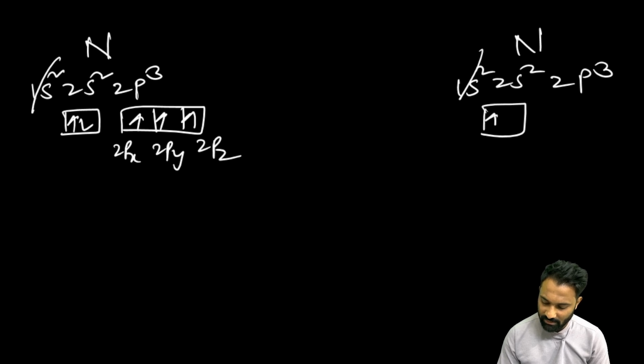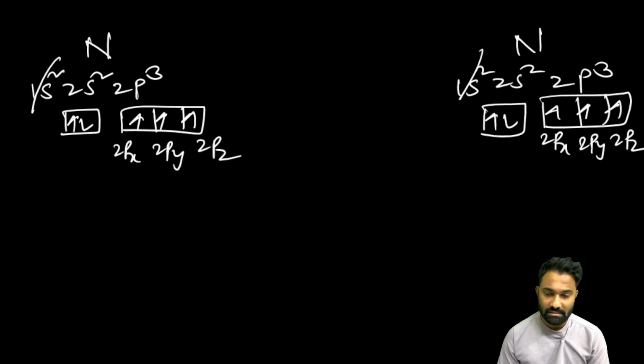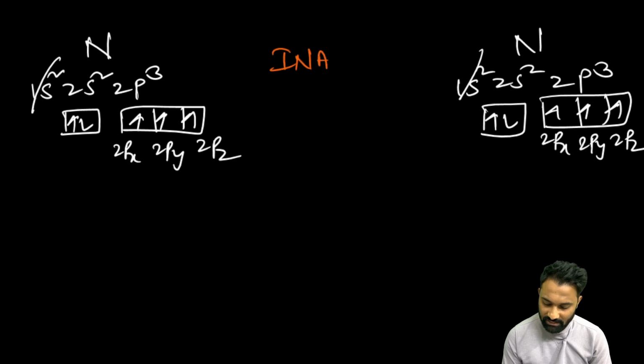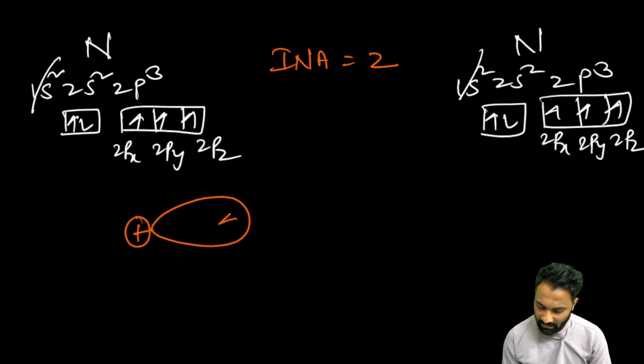Here also the s orbital has 2 and the p orbital has 3. Now I am considering the internuclear axis as z. This is one nitrogen's pz orbital with 1 electron.